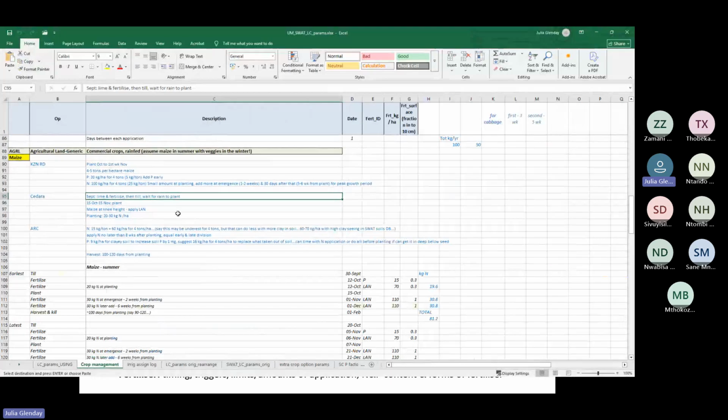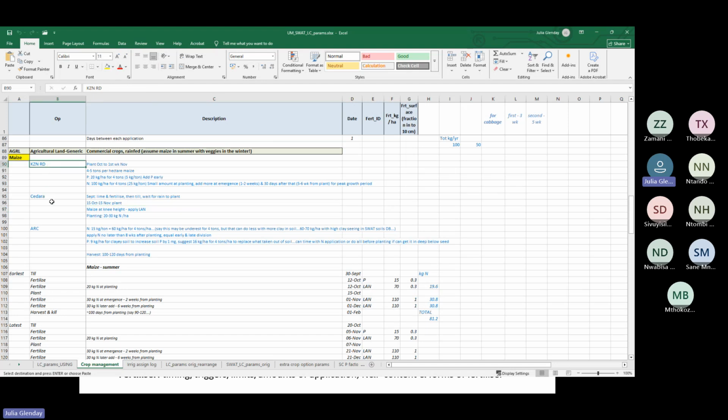So for example, for commercial crops for maize, I also assumed that there was maize in the summer and then alternated with veggies grown in the winter on areas that were mapped as commercial crop and rain fed.